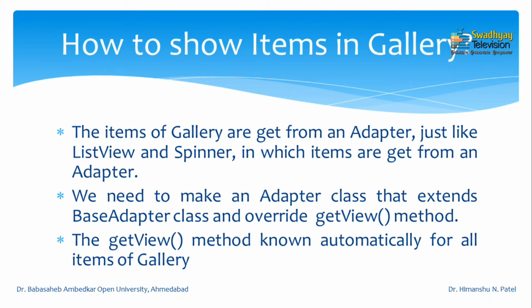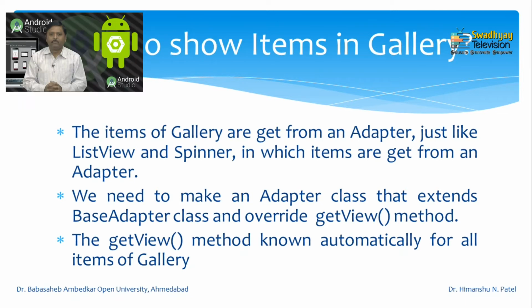This get view method actually defines what to do inside gallery view, and it is called automatically for all items in gallery. How to do this we will see later on, but you can fetch items inside gallery view using an adapter, and for that we use base adapter.